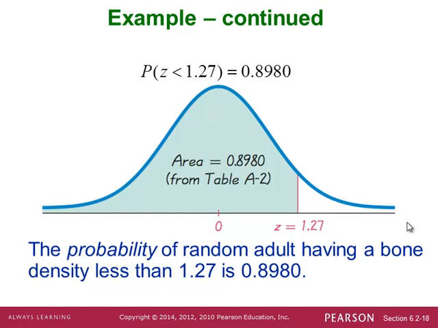And that tells us that the probability of a random adult having a bone density less than 1.27 is 0.8980, as in 89.80% of adults have a bone density of less than 1.27. That's how we can interpret that probability.